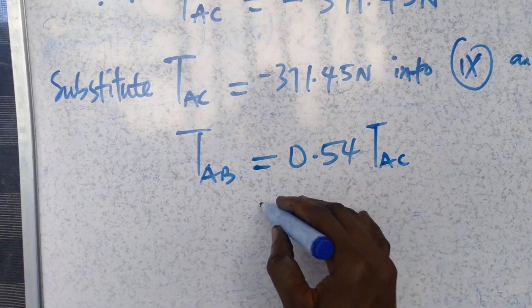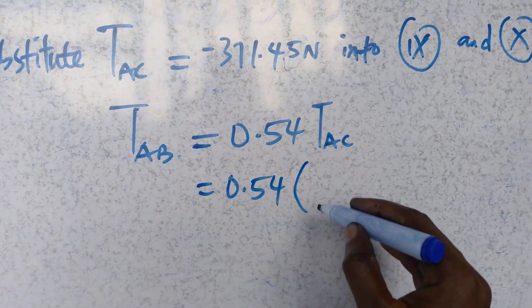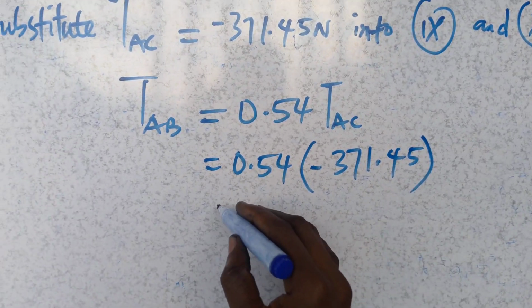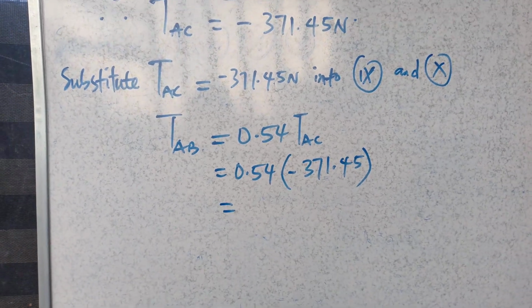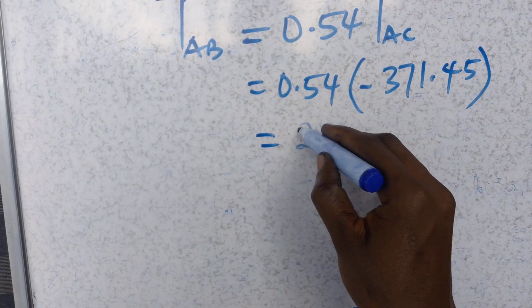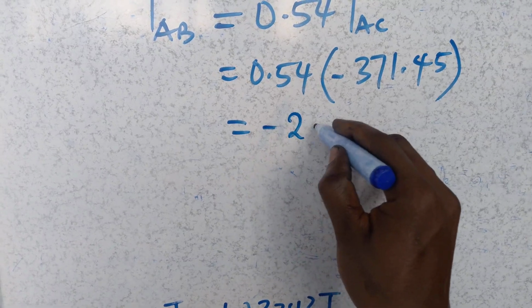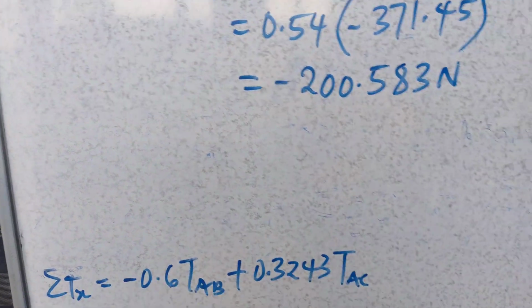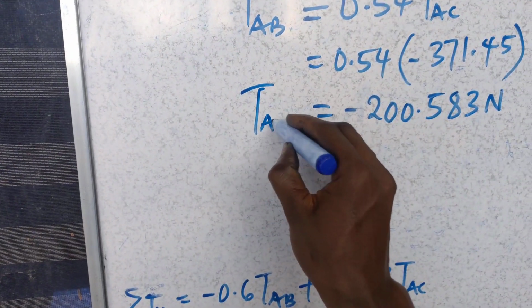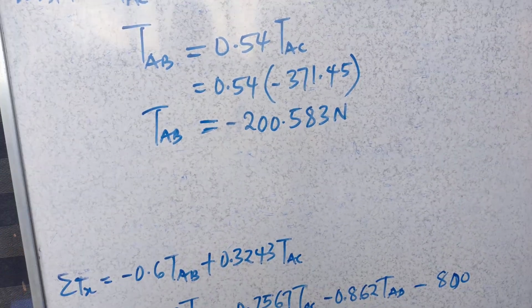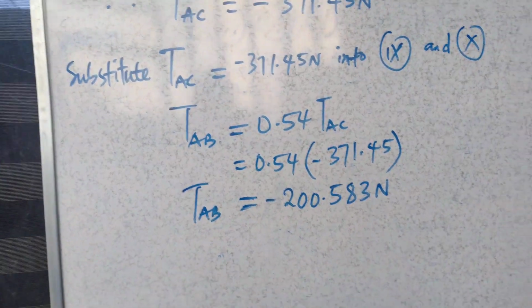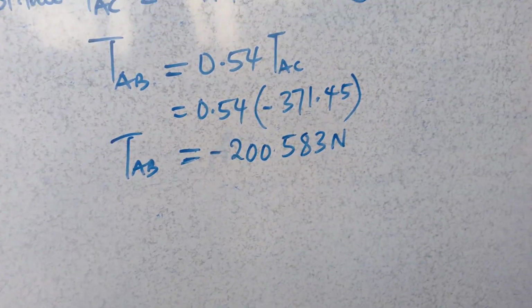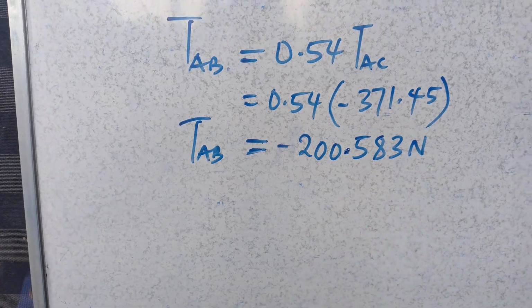So this will be 0.54 multiplied by minus 371.45 Newton. That will give me negative 200.58 Newton. That is the tension along AB: minus 200.58 Newton.